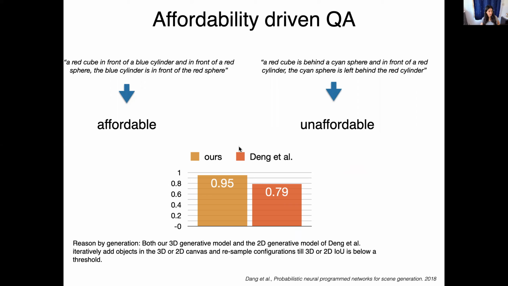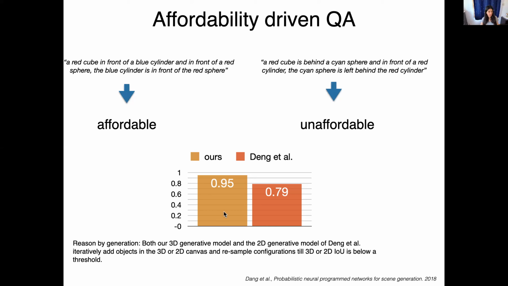And we compare our model with a 2D baseline, where it is again a generative network. It is compositional, but it's in a 2D space as opposed to 3D space. And you see we have a big difference. We train the baseline exactly the same way as ours. Why do we have a big difference? Because in a 2D space, it's very hard to judge when a synthesis actually makes sense or is unaffordable by looking at bounding boxes, their IOUs, and so on.